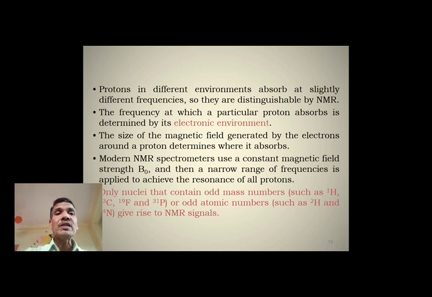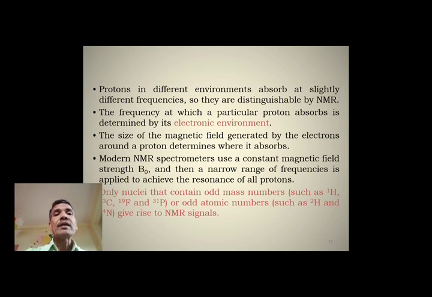The frequency at which a particular proton absorbs is determined by its electronic environment. The size of the magnetic field generated by the electrons around the proton determines where it absorbs.